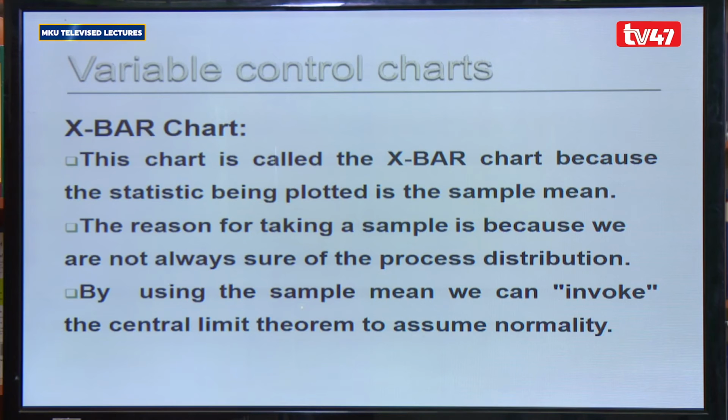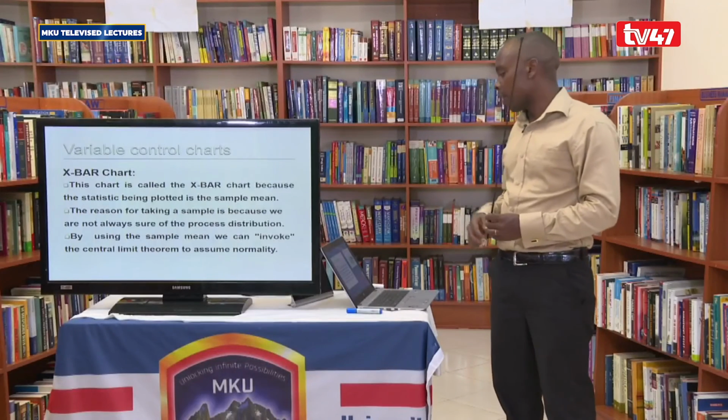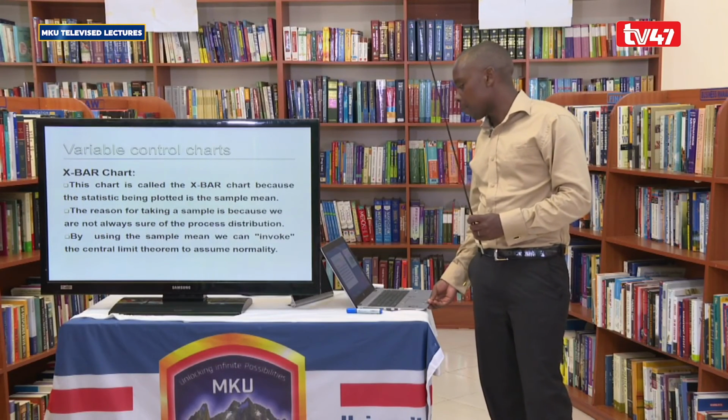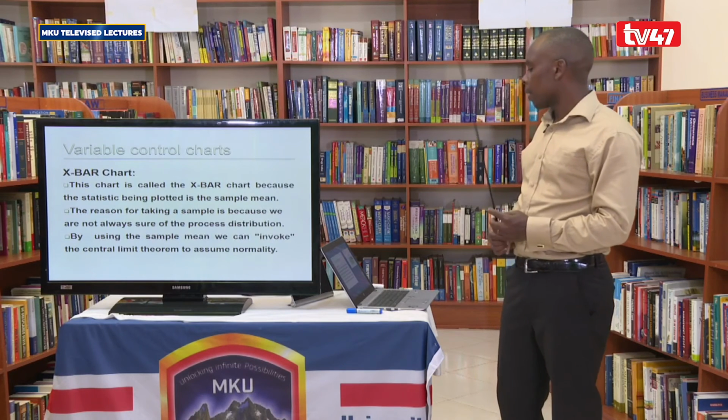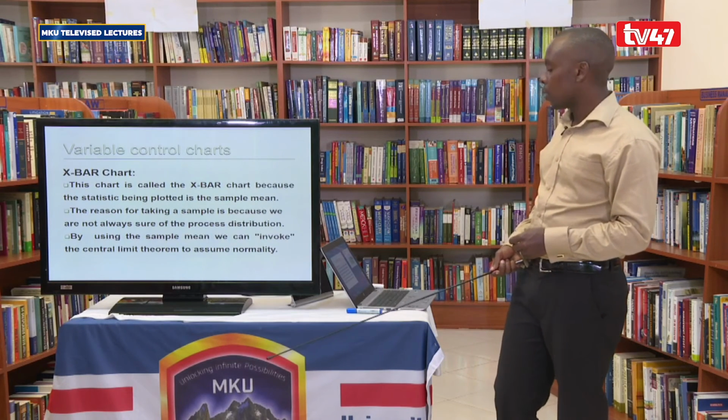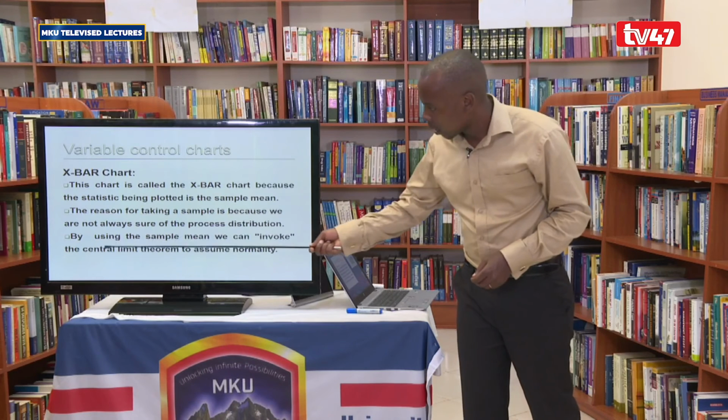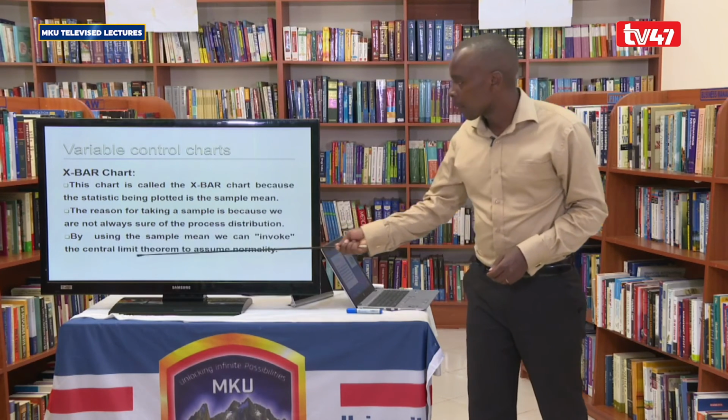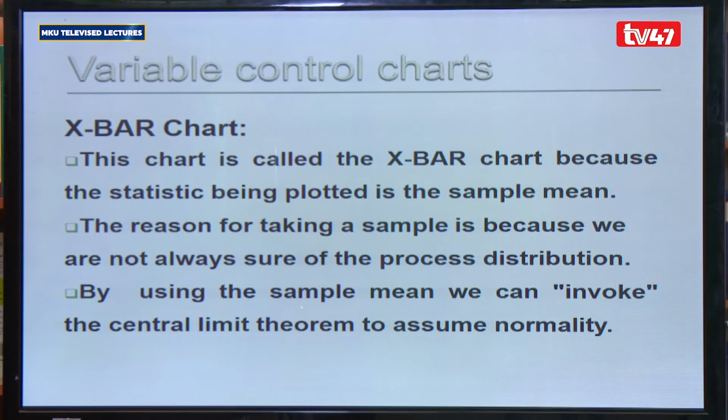And at times, it can be time-consuming to collect all the data involved in the production process. So by using the sample mean, we will apply the central limit theorem so that we can assume normality.